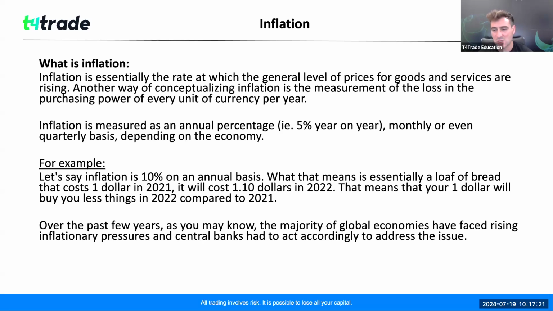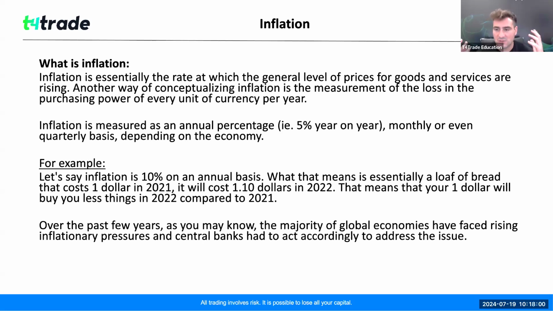So what this means is that essentially a loaf of bread that costs $1 in 2021 will most likely cost $1.10. A loaf of bread that has been priced at $1, a year later, let's say we now have 10% inflation, is costing $1.10. That means $1 buys you less stuff in 2022 or 2023 or 2024, whatever that period is, compared to the year beforehand, where we had a much lower inflation rate.